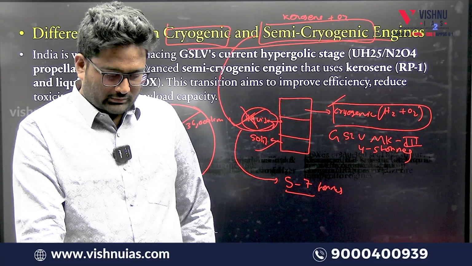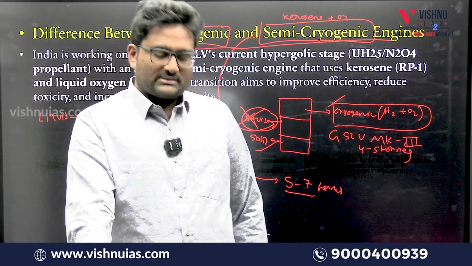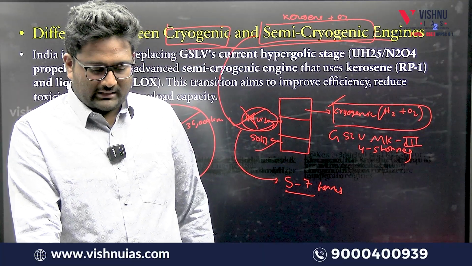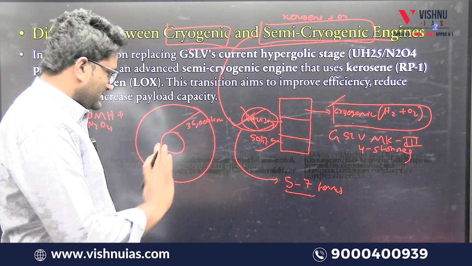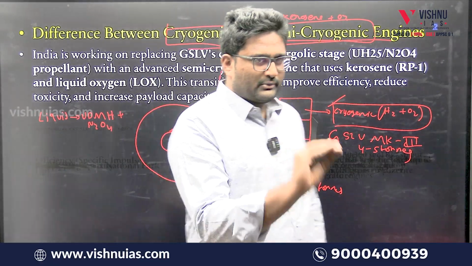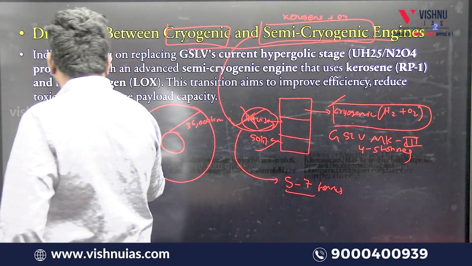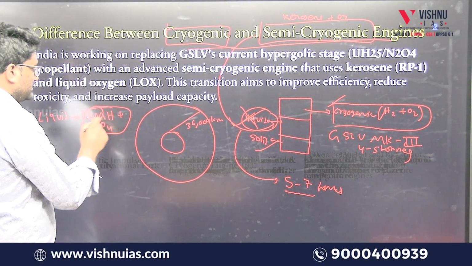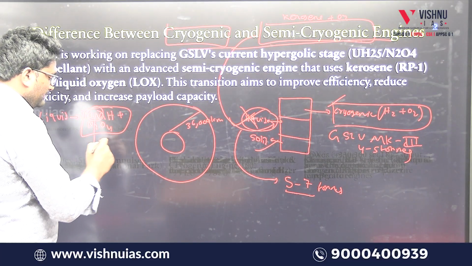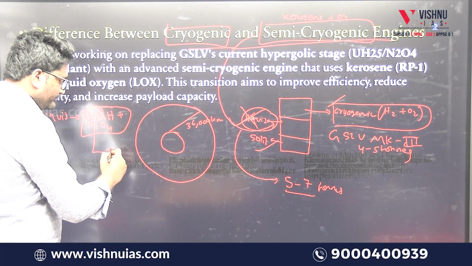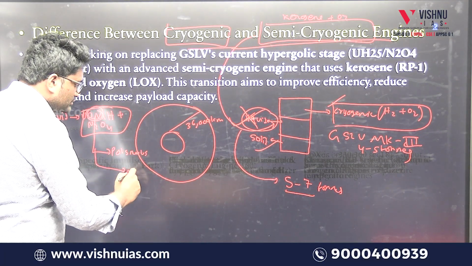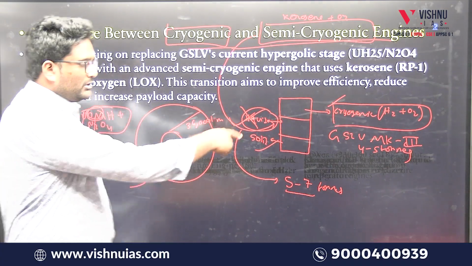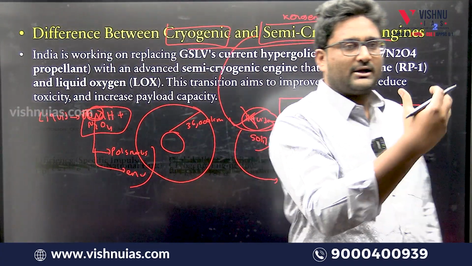UDMH means unsymmetrical dimethylhydrazine. Okay. So there is no need to remember the name of the fuel. The issue with this fuel is that it is very poisonous, and environmental issues exist with this fuel, and moreover it has less power than the semi-cryogenic engine.